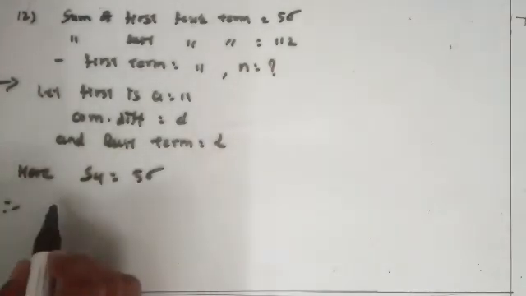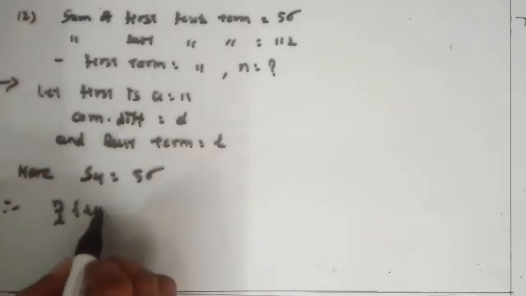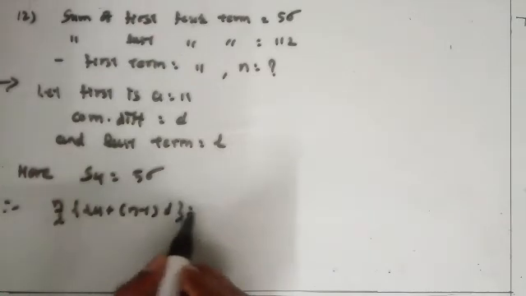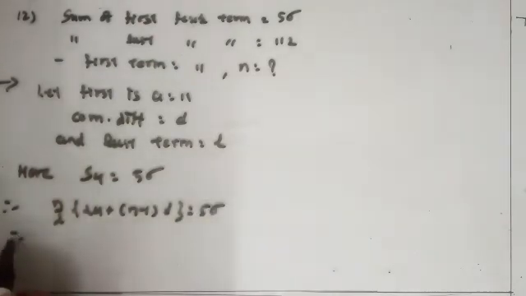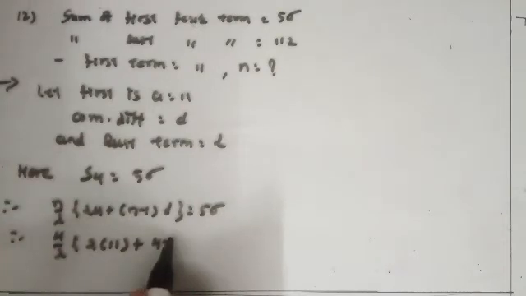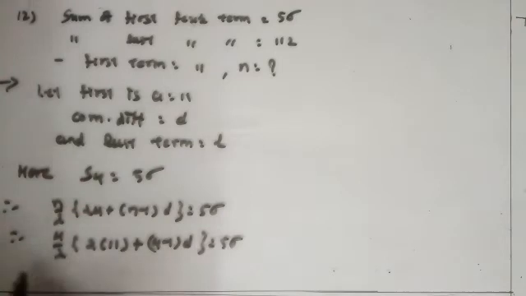Therefore S4 is equal to, we know, n by 2 into 2a plus n minus 1 into d, which is equal to 56 and n is equal to 4. So 4 by 2 into 2 times 11 plus 4 minus 1 into d is equal to 56.